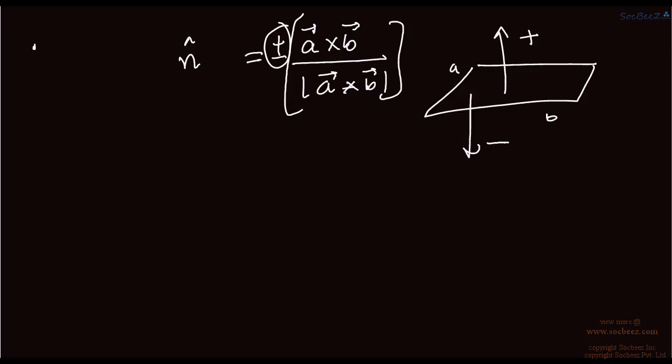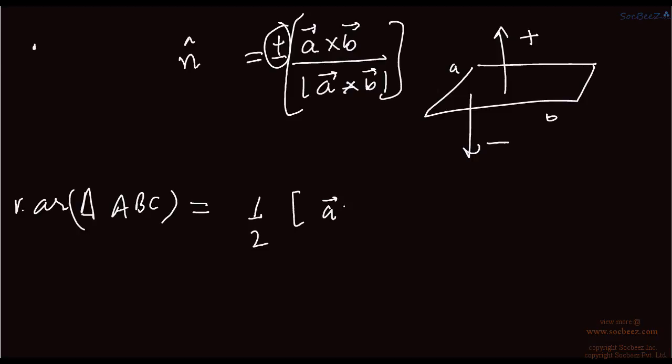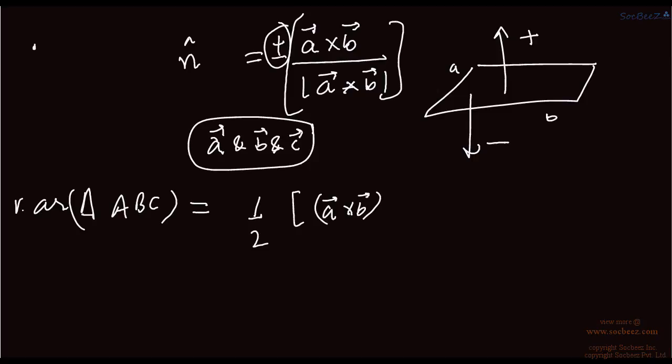Now if A, B and C are three position vectors of 3 points A, B and C, the vector area of triangle ABC will be half of A cross B. That means you are given A vector, B vector and C vector, all three position vectors of points A, B and C, fine. Then how do you calculate?